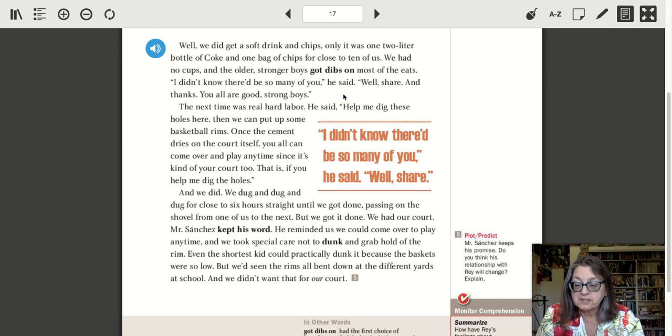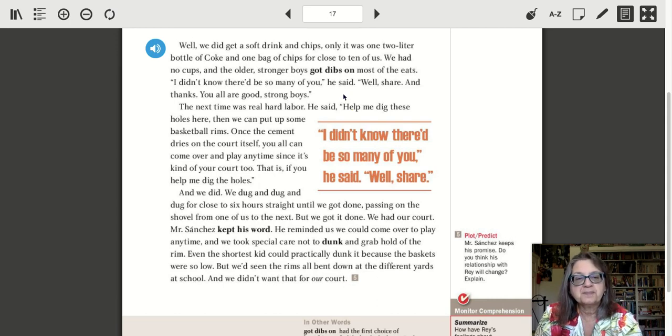We had our court. Mr. Sanchez kept his word. He reminded us we could come over to play any time, and we took special care not to dunk and grab hold of the rim. Even the shortest kid could practically dunk it because the baskets were so low. But we'd seen the rims all bent down at different yards at school, and we didn't want that for our court.